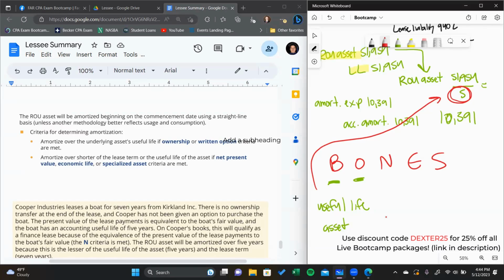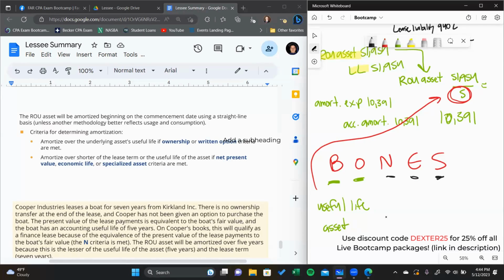Now, they would not give you a problem where all of the BONES criteria are met and then you have to figure this out. They would give you either one or two that would fall in the same category. But if the B or the O criteria is met, then we use the useful life of the asset as our amortization criteria.